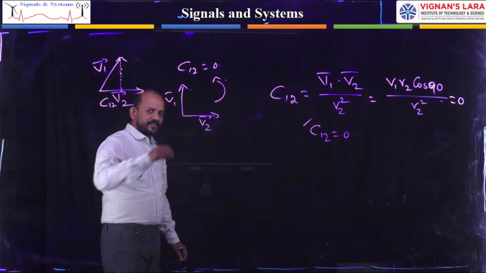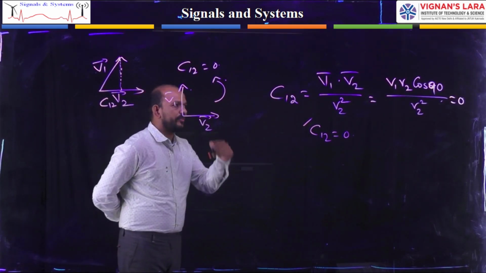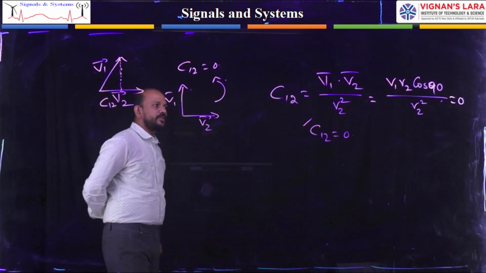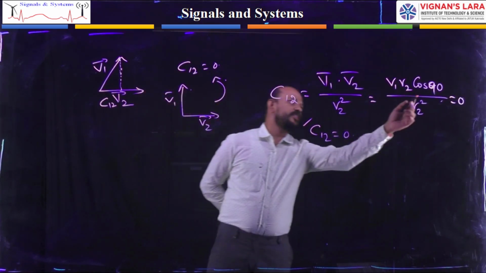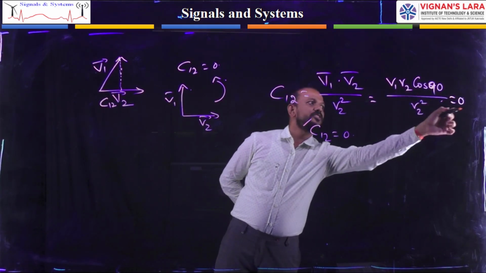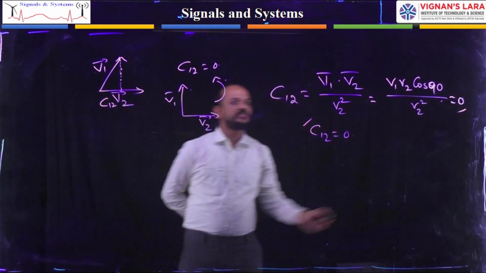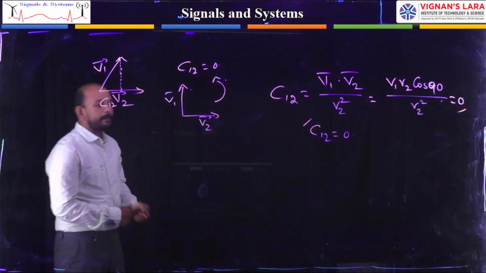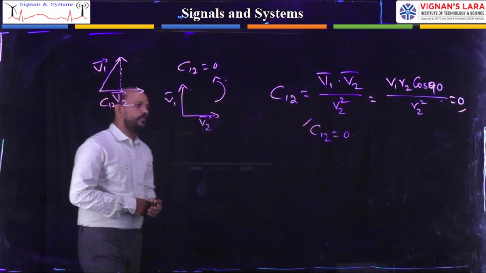Cos 90 is 0, 0 into anything is 0, 0 by anything is also 0. So the answer is c12 equal to 0 for mutually perpendicular or orthogonal vectors.